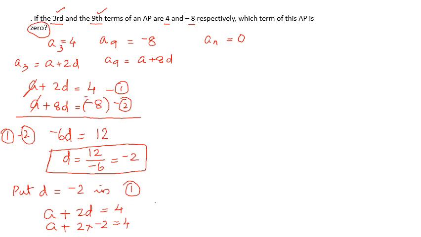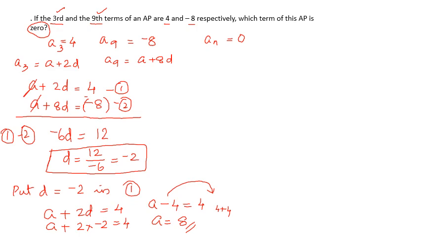So what do you get? A minus 4 is equal to 4. What is A equal to? 8. Minus 4 when it goes to the other side becomes 4 plus 4. So it becomes 8. Clear? 4 plus 4 is 8.